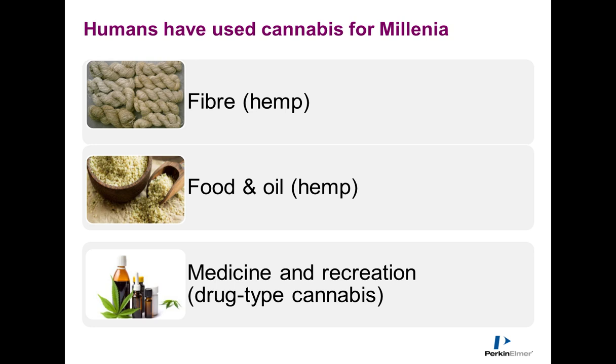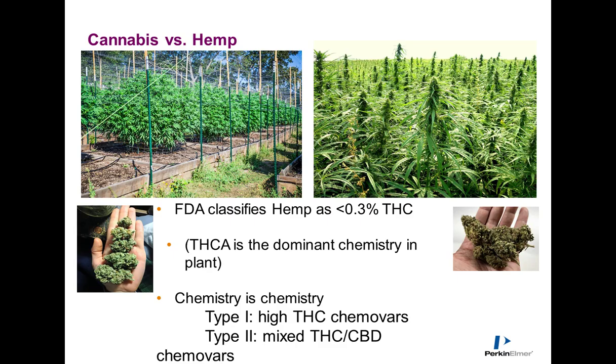It's not always been used for recreational and medicinal uses. Cannabis and hemp have been used for a number of different products and applications in the past, with generations relying on the fiber and food for their daily lives. More recently, we've seen an increased usage of the medicinal component of this material, which we'll be focusing on today.